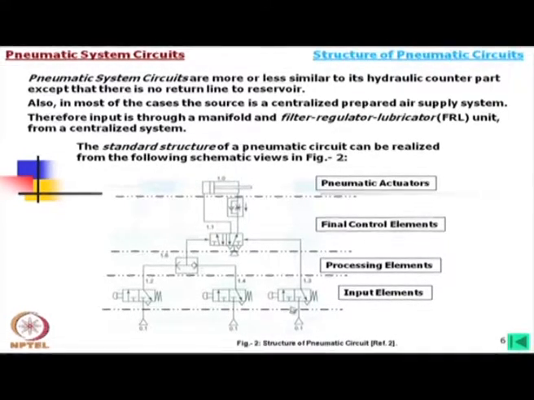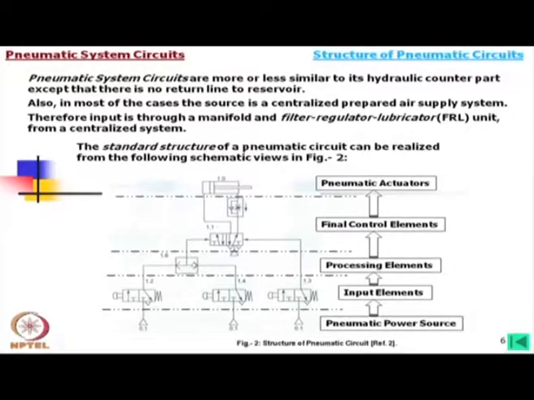This means from the manifold we need a regulator or valve, and finally, this is our pneumatic power source. So, broadly any circuit, any system we can divide into a few such elements: from the pneumatic power source it comes to the input element, then processing elements, then final control elements, and then the actuator or motor, etc.